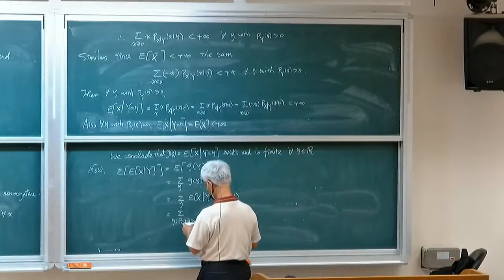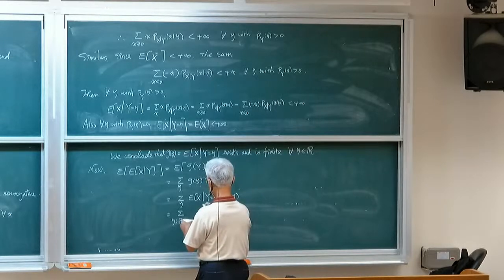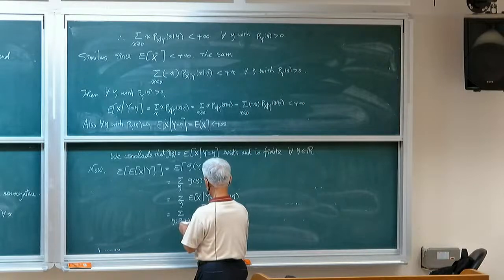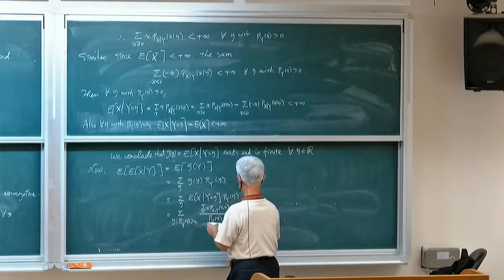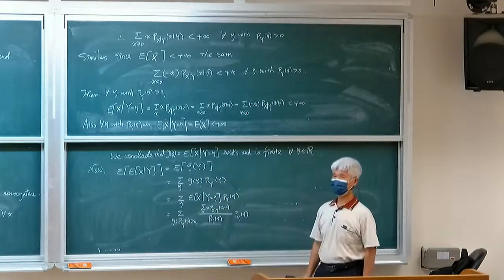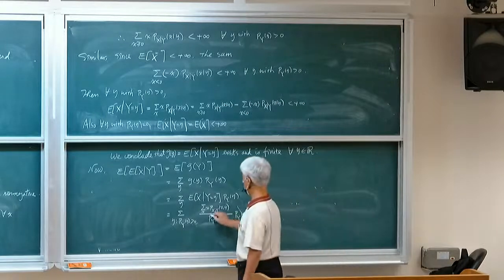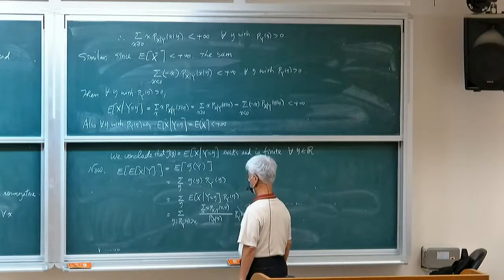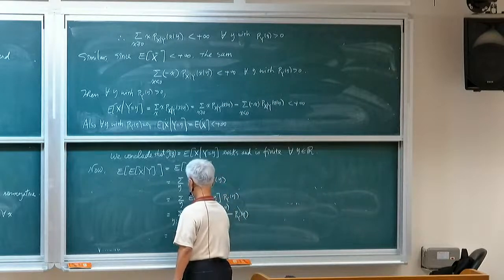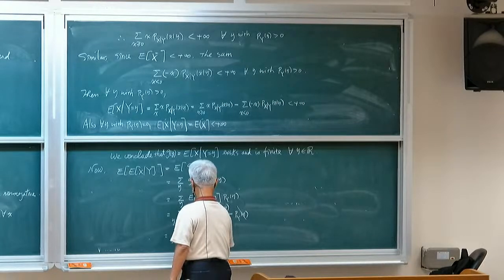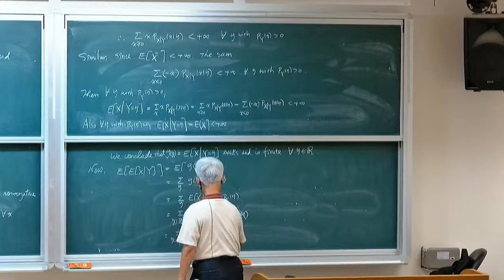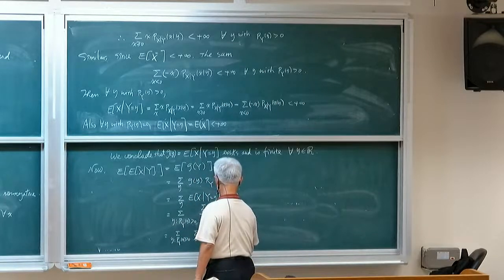So this is the summation over x, and this one, then you can cancel. So this becomes the sum over y, summation over x of x times p(x, y).